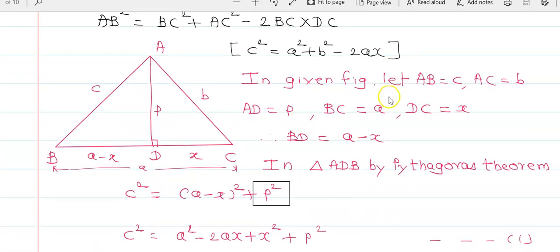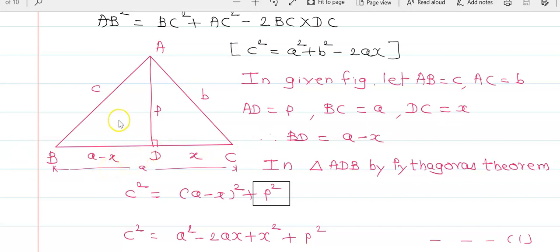Now in the figure, the side opposite to angle C is small c, the side opposite to angle B is small b, and the side opposite to angle A is small a. Also we treat DC as X, and therefore BD is equal to A minus X.